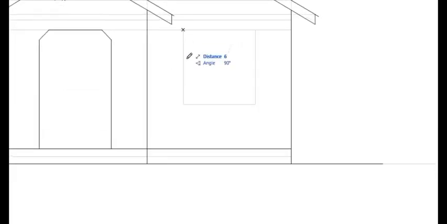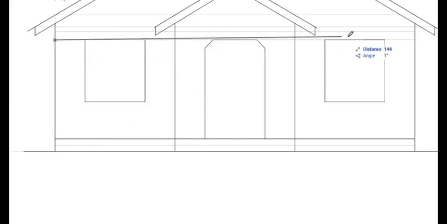The other thing, we have to outline our window. You can even go ahead and place window sills. I'm not going to do that to save time. Just draw a straight horizontal line from this point.